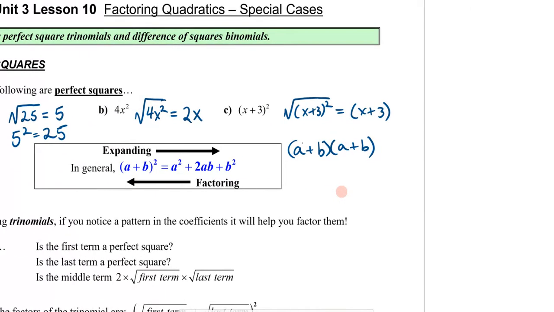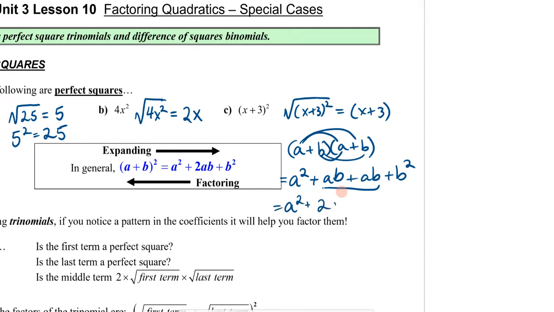If I expanded this, I would get a times a, which is a squared, a times b, which is ab, then b times a, which is another ab, and then b times b, which is b squared. If I collect the two terms in the middle, I would have a squared + 2ab + b squared.